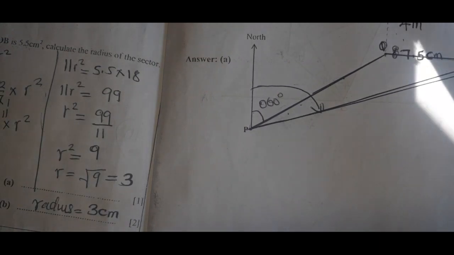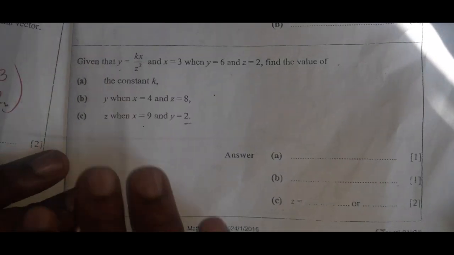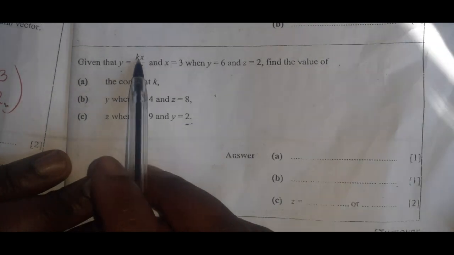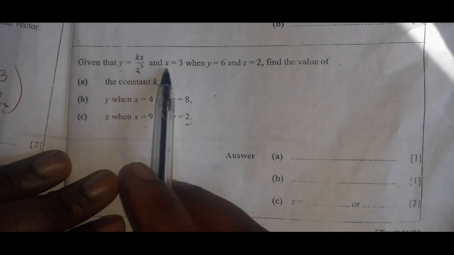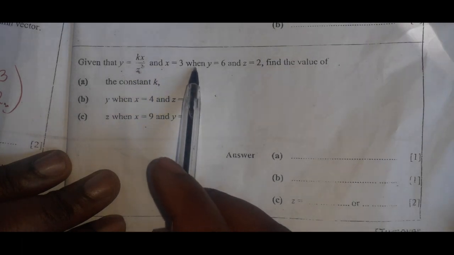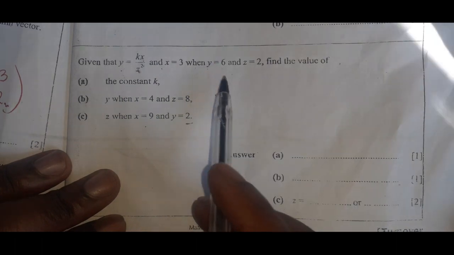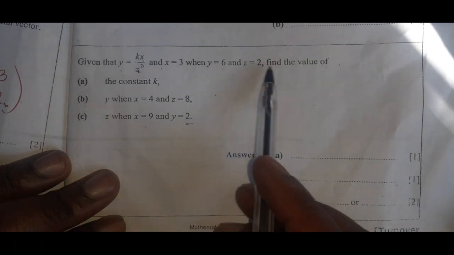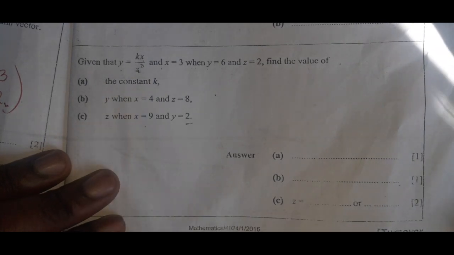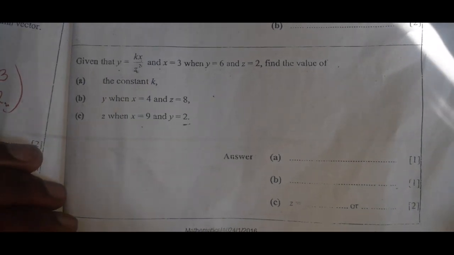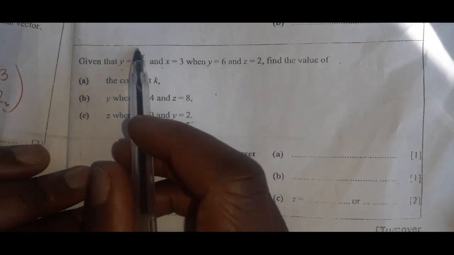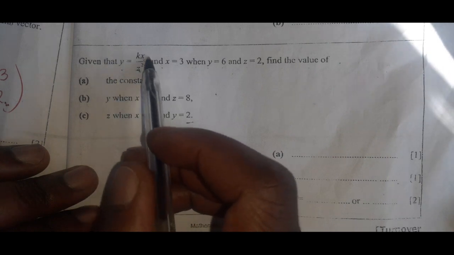Now, question 14 reads: given that y is equal to kx over z squared, and x is equal to 3 when y is equal to 6 and z is equal to 2, find the value of the constant k. So here we are using this same equation. Take note of that.